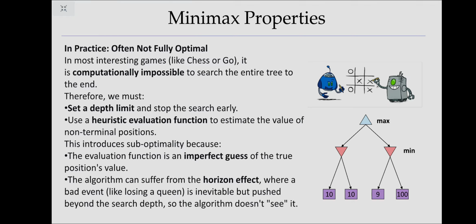To present the horizon effect, consider chess. As you see, losing a queen is a great problem for any player, and because of that, checking the states to save the queen is very, very important.